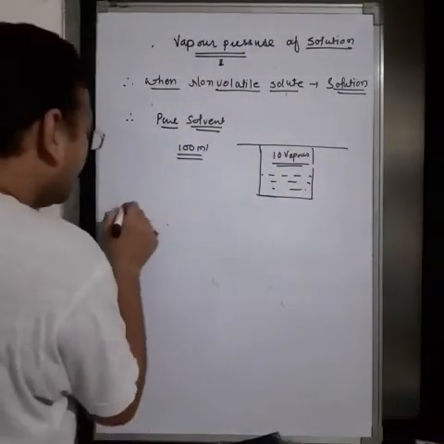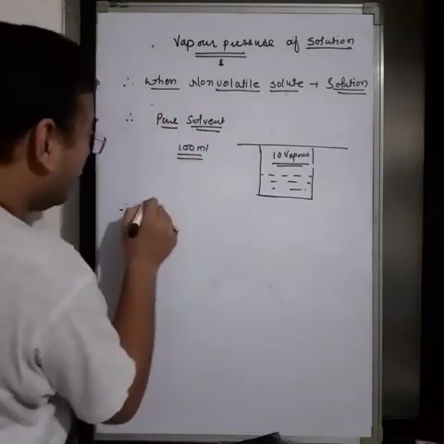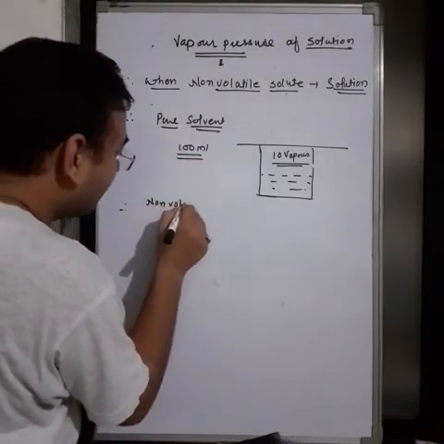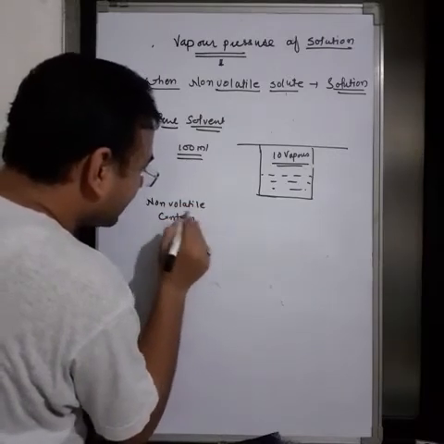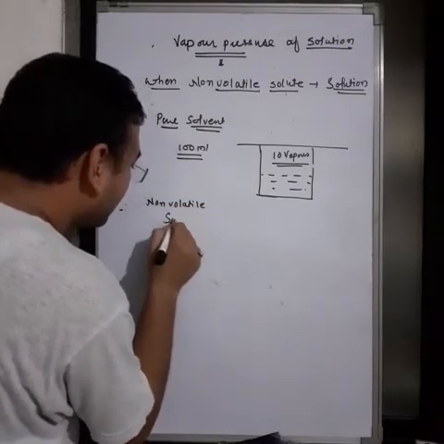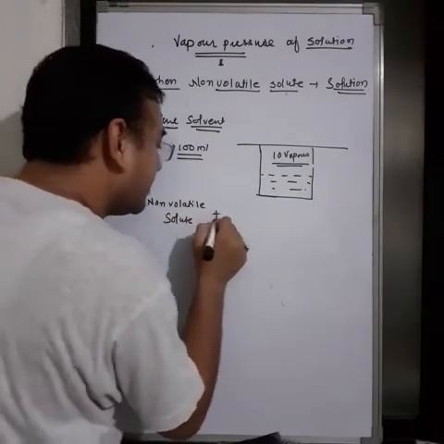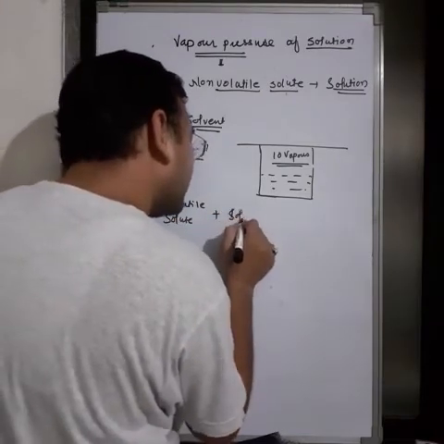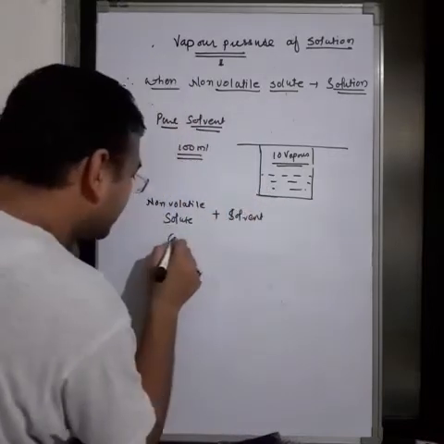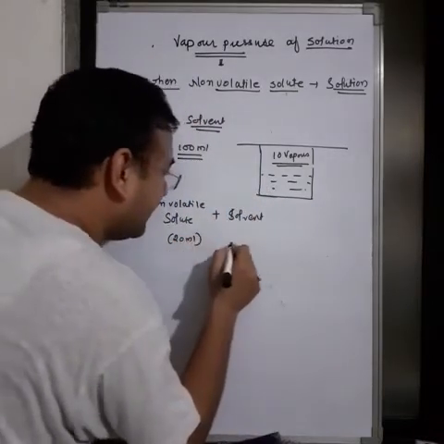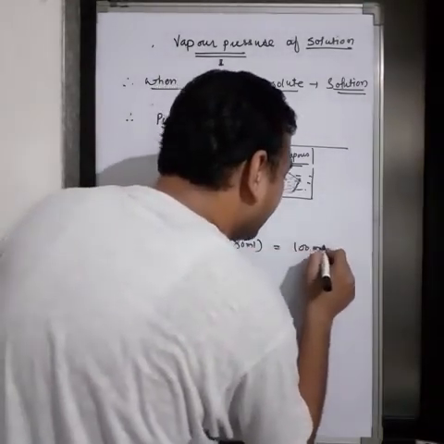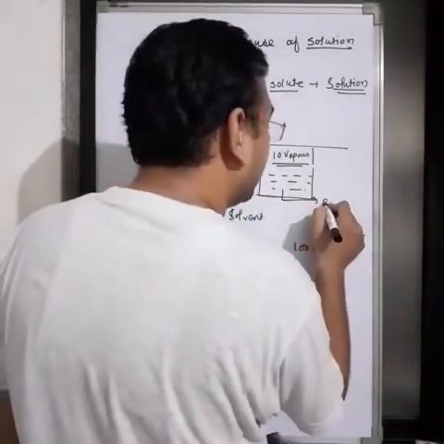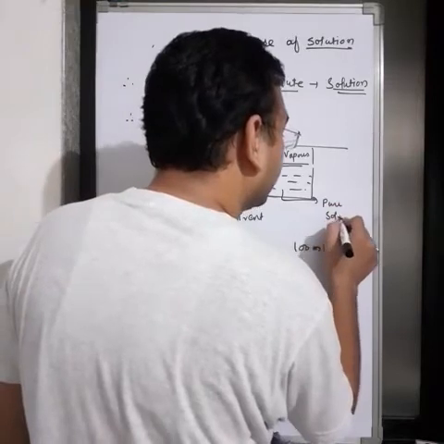Now, here non-volatile solute plus solvent. For example, it's 20 ml, this is 80 ml. So total we are getting 100 ml. This is our pure solvent.